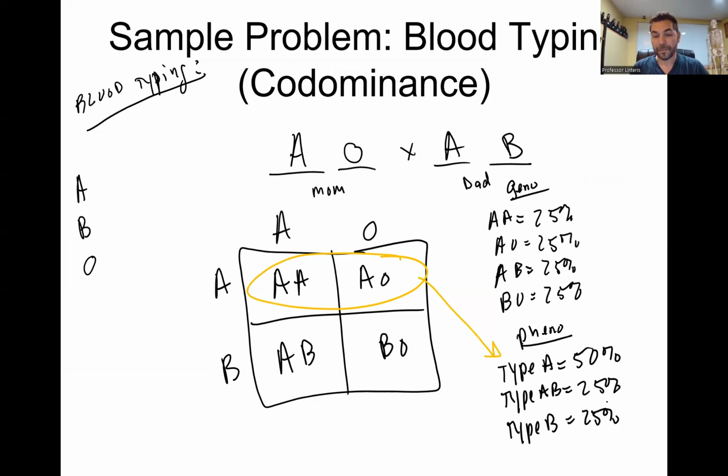So let's say these two parents had a kid. Could that child be type O? No. If that child was type O, that's not the dad.